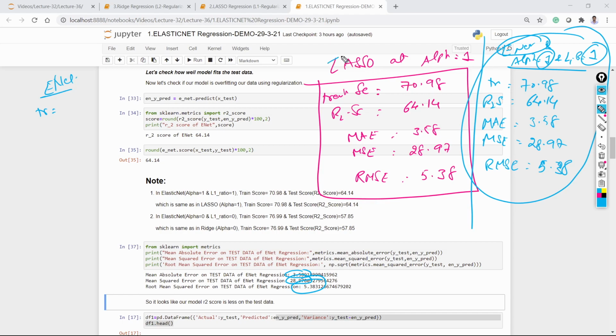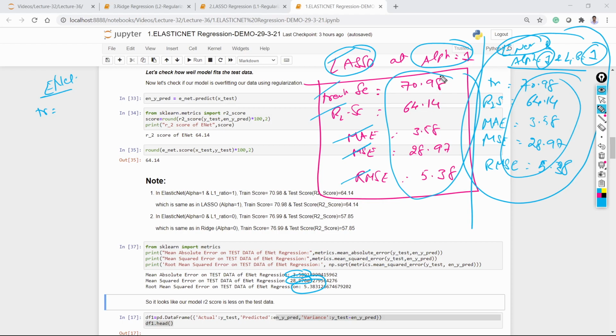So this is the result of the lasso regression at alpha value 1. Everything is the same here: the train score, R2 score, mean absolute error, mean square error, root mean square error. The same values you got here will also be obtained when elastic net works at alpha is equal to 1 and L1 ratio is equal to 1.